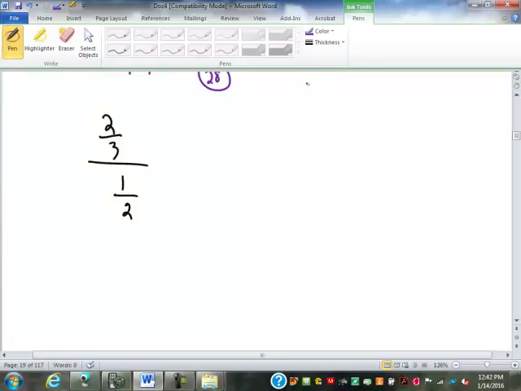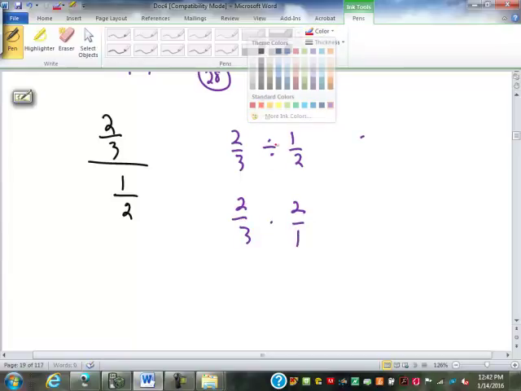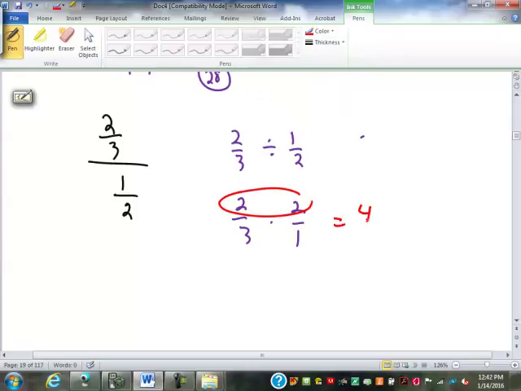That's division. Remember, I read it as a fraction because we can treat it as a fraction. This is just 2/3 divided by 1/2. So 2/3 times 2/1. 2 times 2 is 4. 3 times 1 is 3. So a 4-to-3 ratio. Then 14 is going to work the same way. It's going to be 1/2 over 2/3. So you'll divide it. It should be a 3-to-4 ratio. It should be just the opposite.